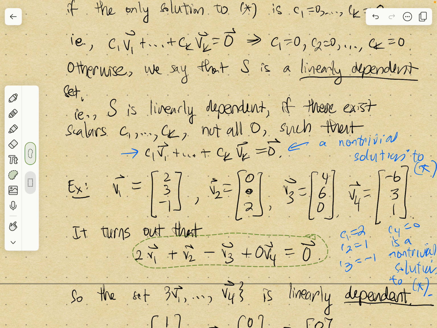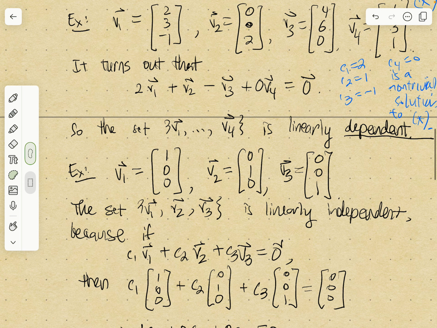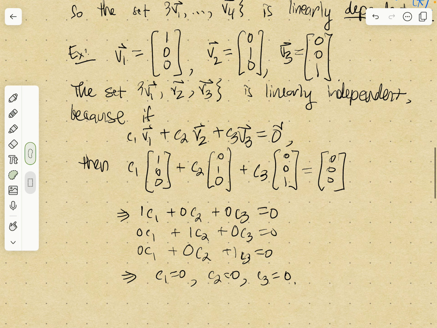Everyone says, are these vectors independent? But what is proper is to say, is the set of vectors dependent or independent? They're not saying, is each vector independent or dependent?